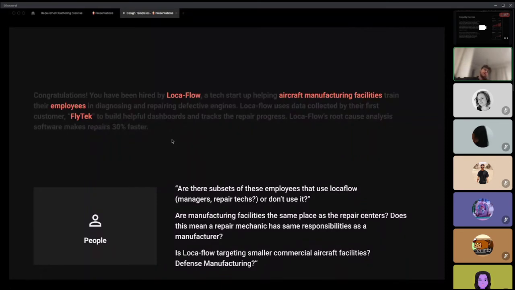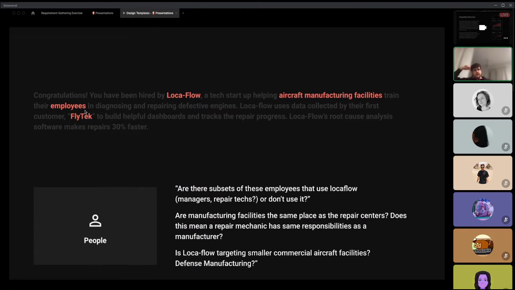The first thing I'm going to do is highlight and understand the people underneath the system. I took a marker and highlighted the places that matter. Locaflow is my primary place that I'm working from, and that's hired me. There are aircraft manufacturing facilities, which I'm assuming is our customer, who train their employees.